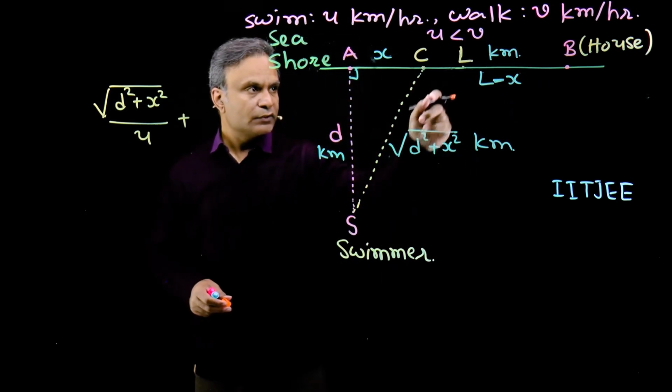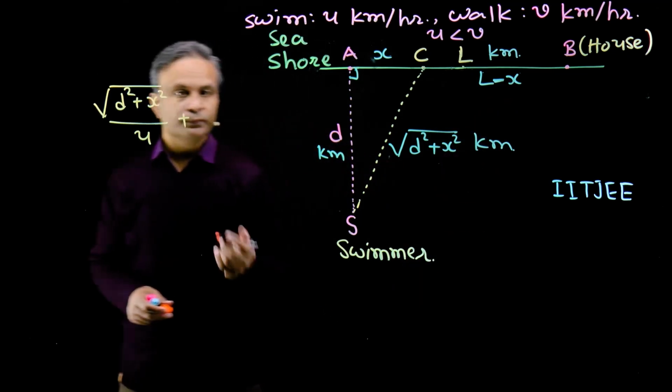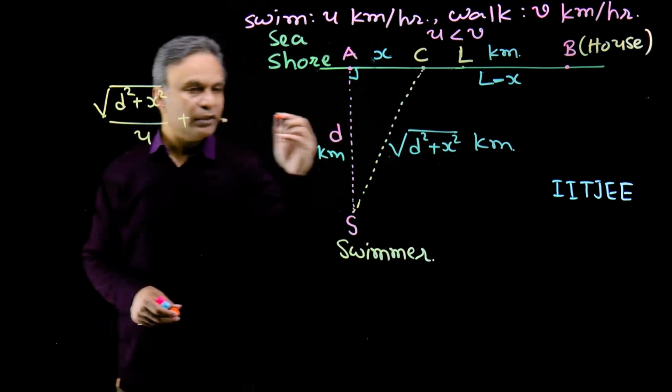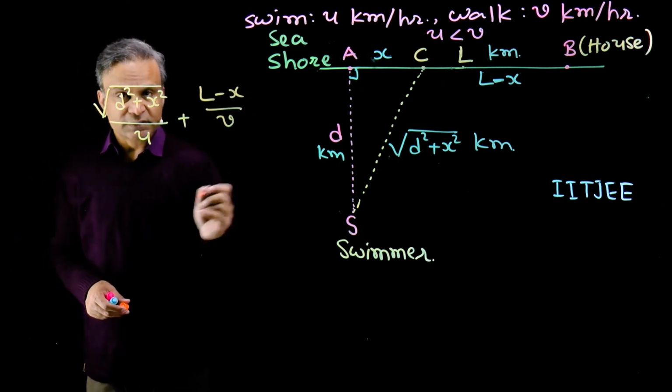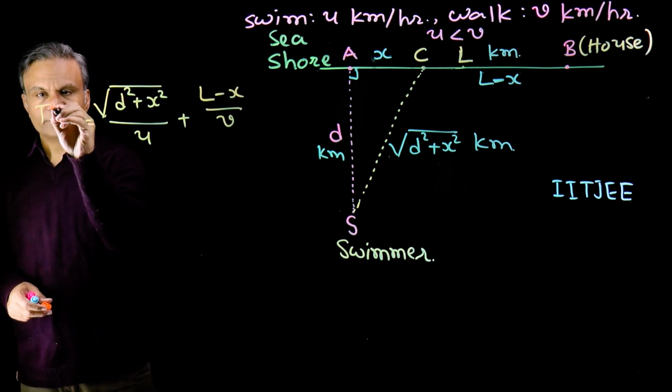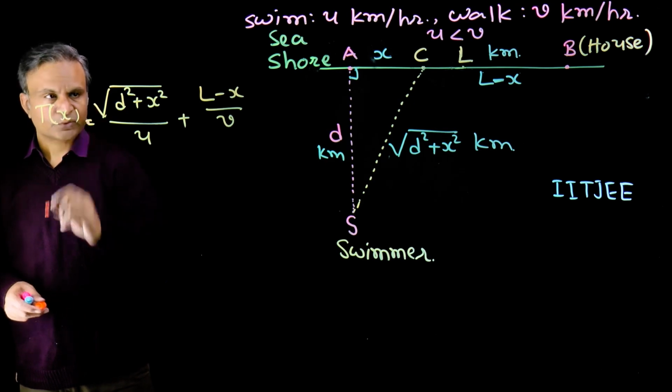Speed of walking is v. This is a function of x, the time function T(x).